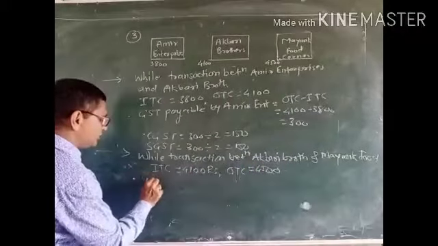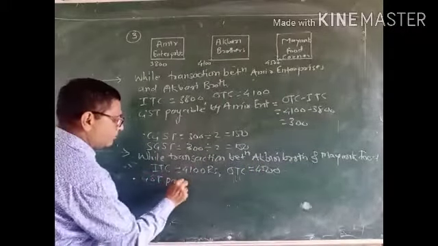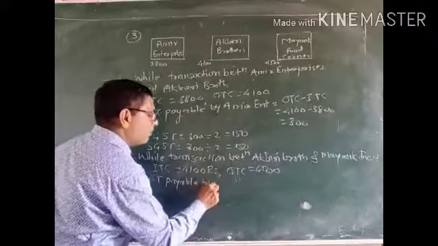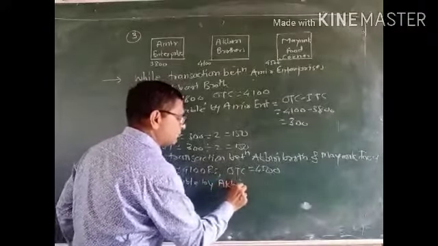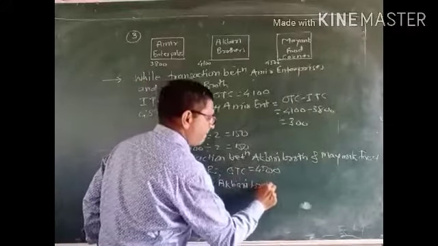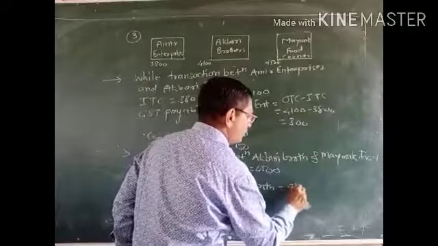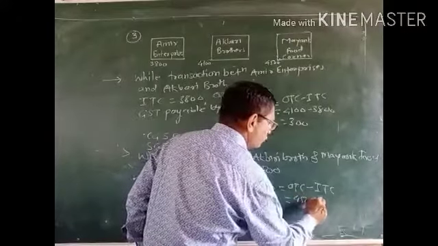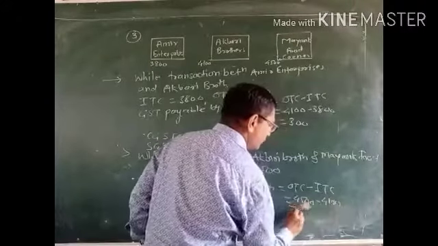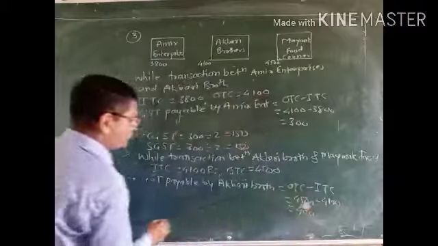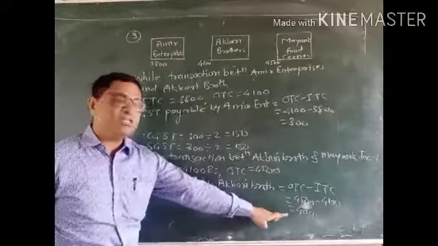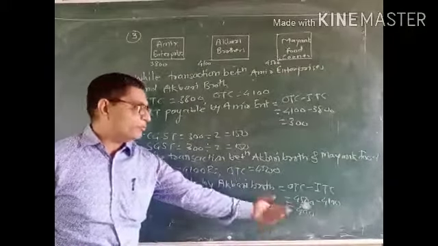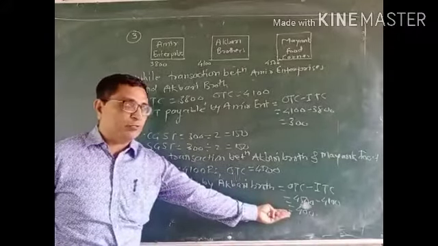Therefore, GST payable by Akbari Brothers is equal to OTC minus ITC, that is 4,500 minus 4,100, that is 400 rupees. Therefore, you have to convert this GST into CGST and into SGST, that will be 200 rupees each.